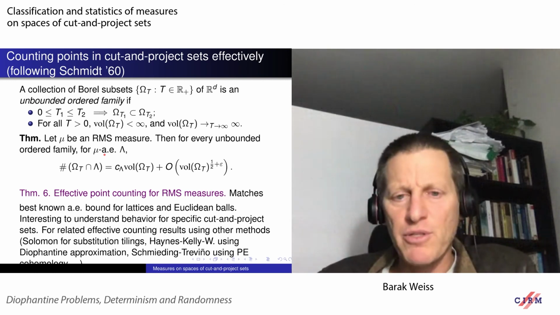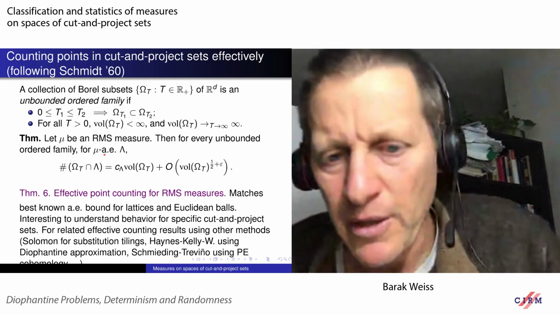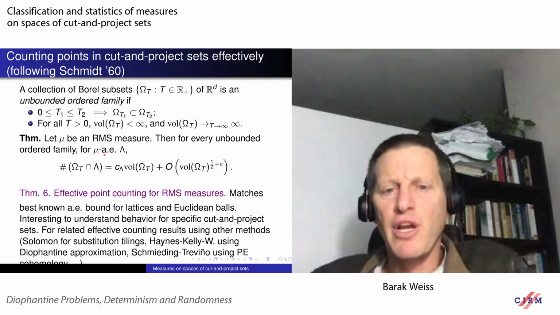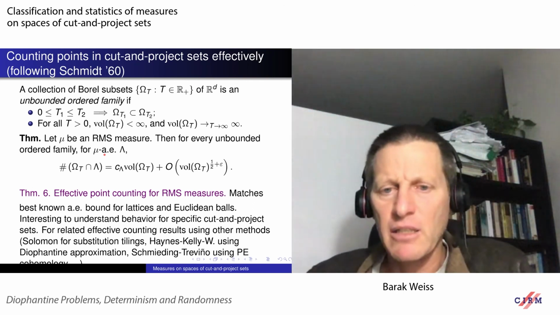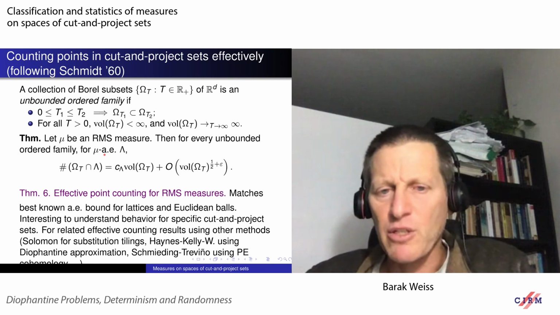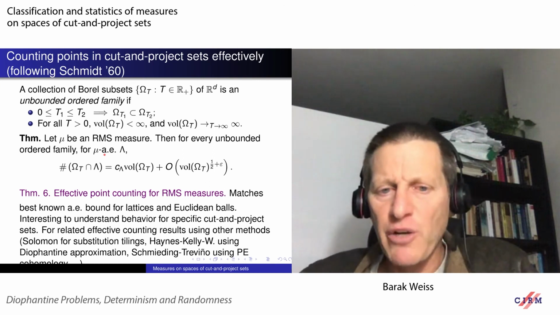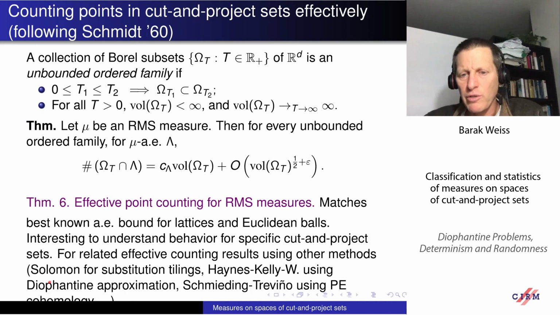For example, the Penrose example is better understood using Perron-Frobenius theory and the substitution tiling machinery. And this was done in a paper of Solomon. If you talk about cut and project constructions, you can get a better handle using Fourier techniques and Diophantine approximation for certain explicit lattices.